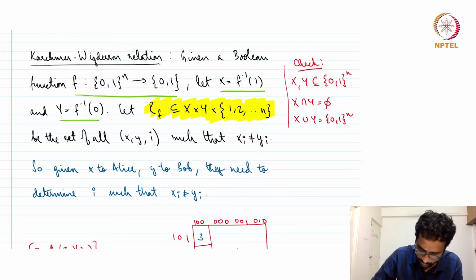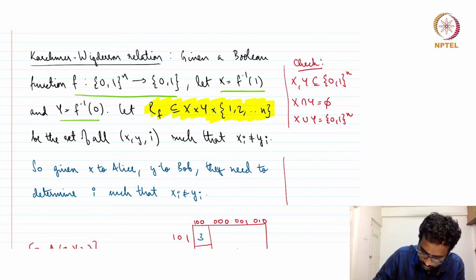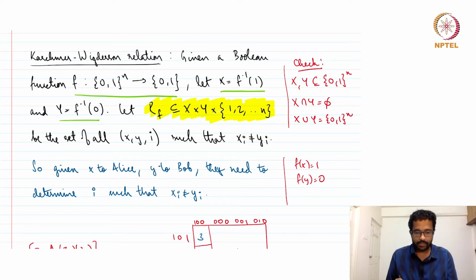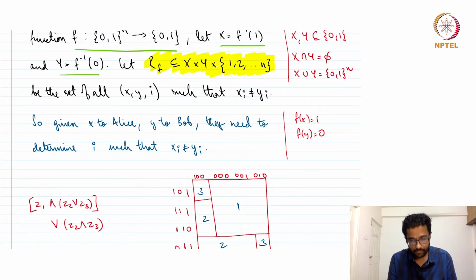So just again to add, f(x) is equal to 1, f(y) equals 0. This is what we can infer, and they need to together determine i such that x_i is not equal to y_i.